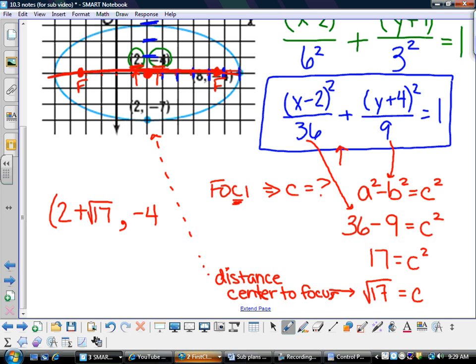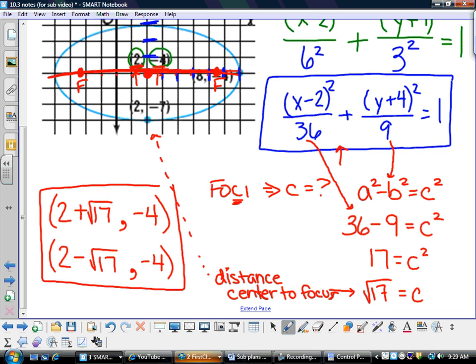It's still 4 units down to get to one focus. And take the 2 and subtract the square root of 27. Still comma negative 4 to get to the other focus. So those two together are the location of the two foci.